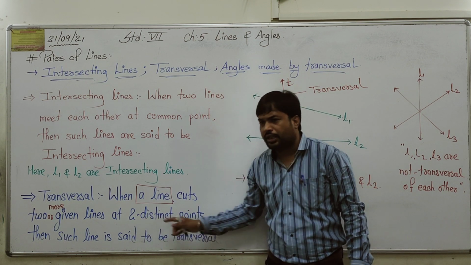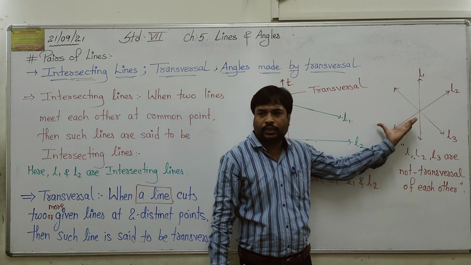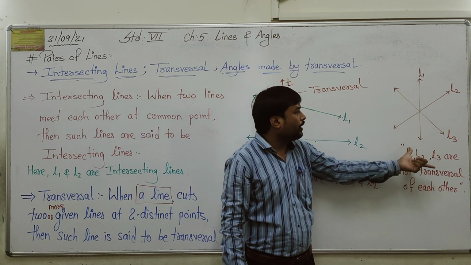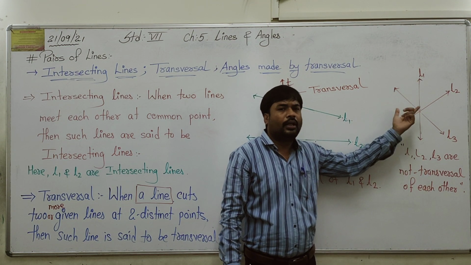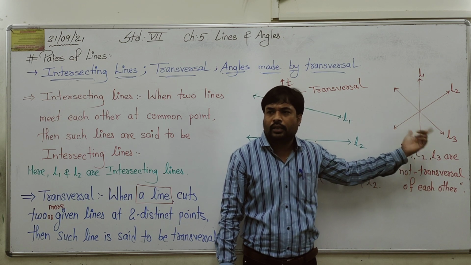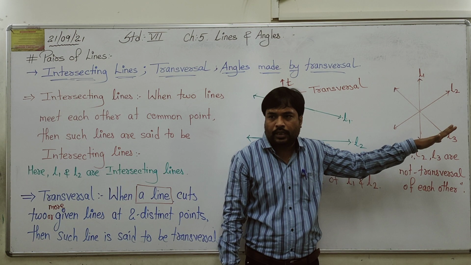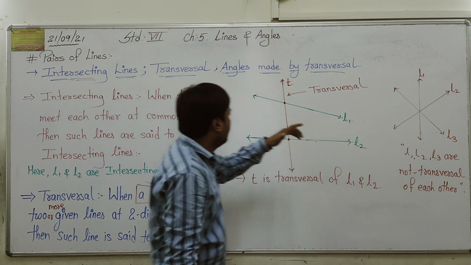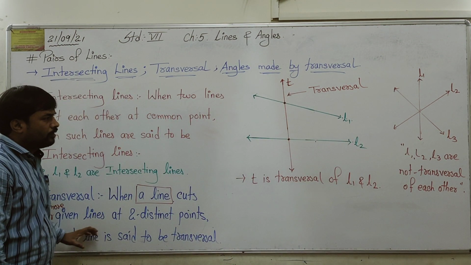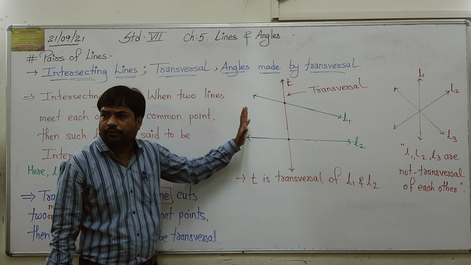Two distinct points. I don't get that here. So this type of figure will never have a transversal. Did you understand up to here? Intersecting line, transversal and the given figure.